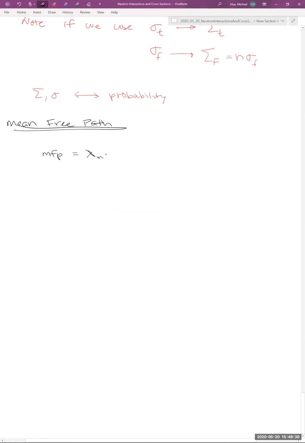Sometimes we give it the symbol lambda, is equal to 1 over the macroscopic cross-section. And this will have units of centimeters. So this is the mean free path to interaction.